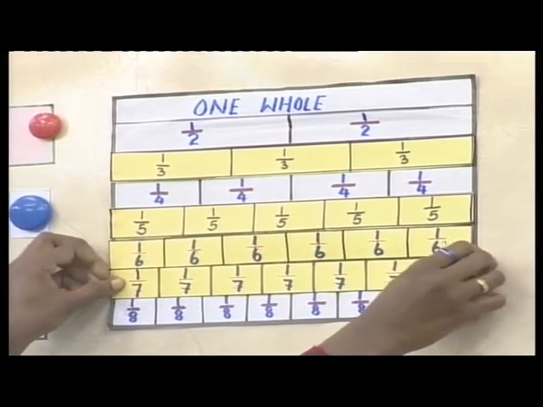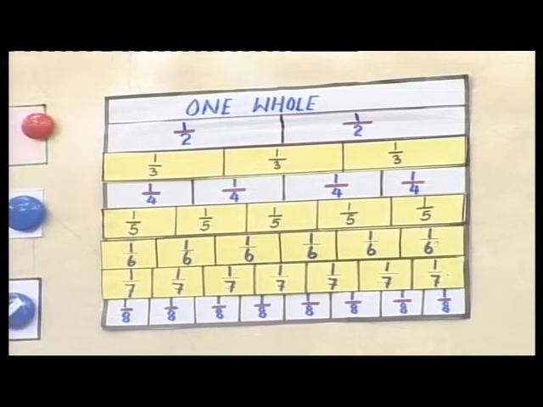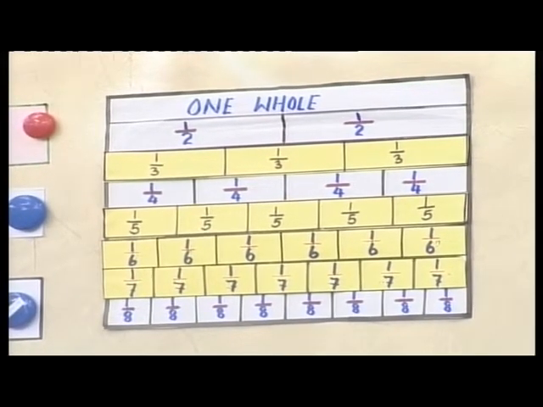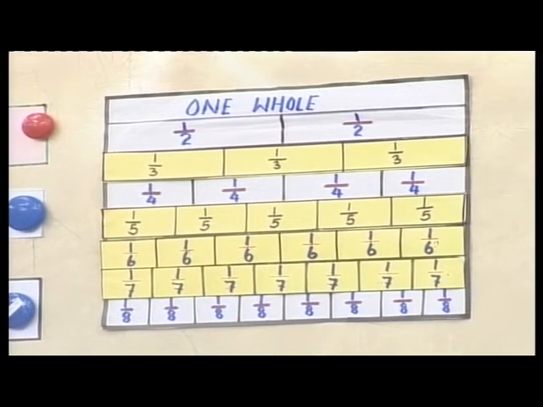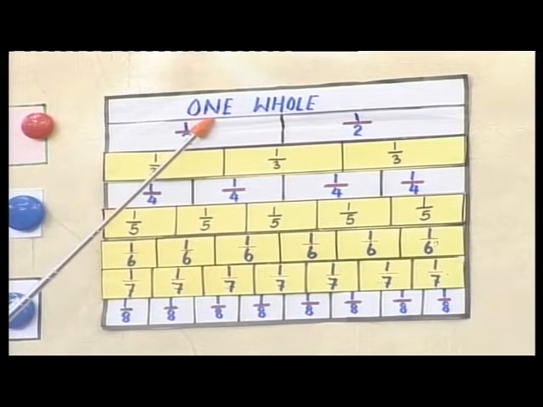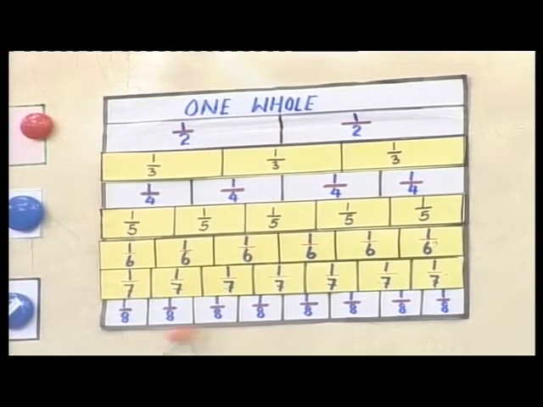Now you can see that our fraction wall or the fraction chart is complete or incomplete? Complete. You will see that we start with the whole paper and we finish now with a fraction 1/8.